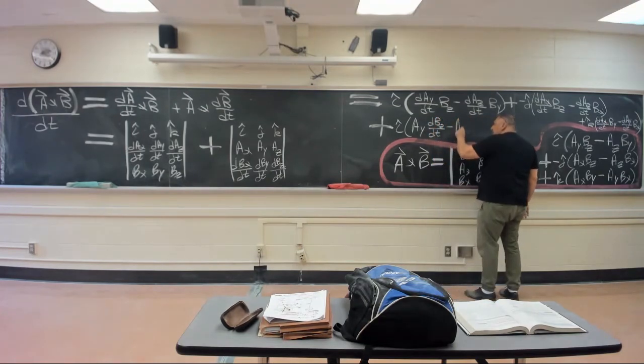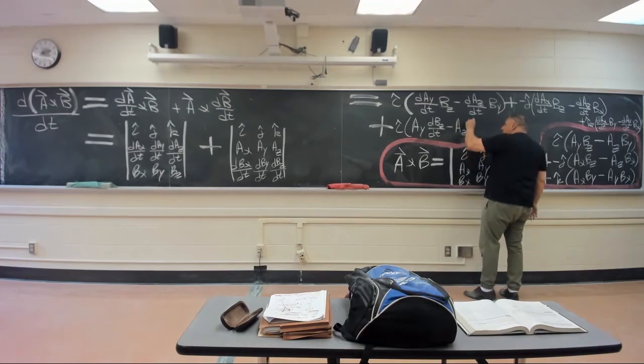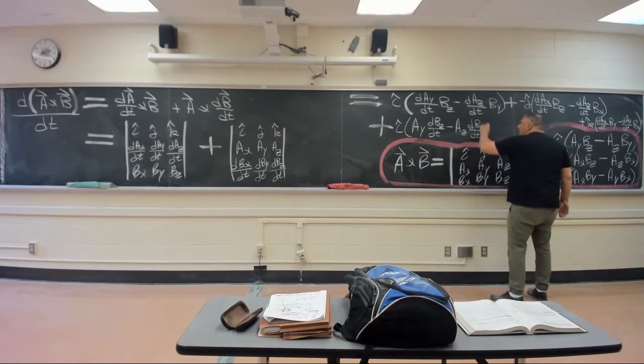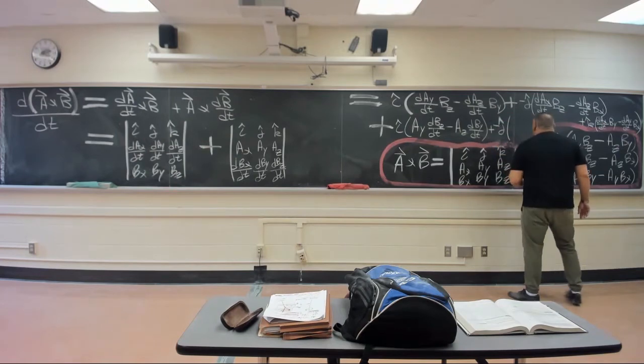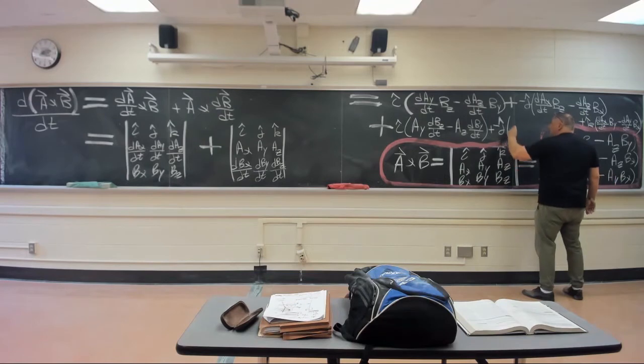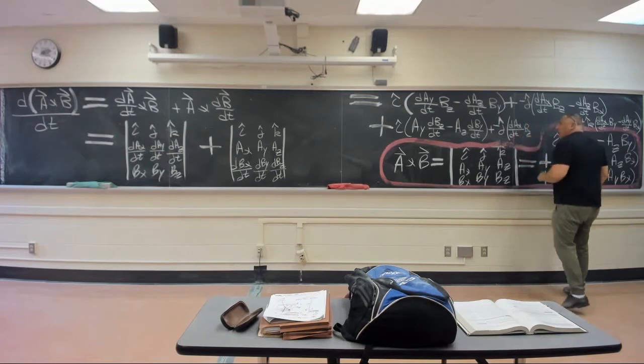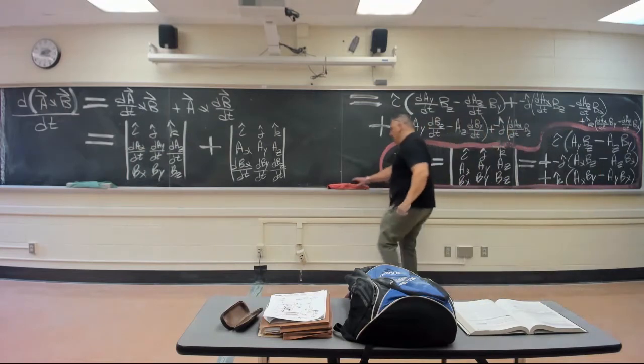Oh, here's an Az. There's going to be a dBy dt. Plus negative j dAx dt.